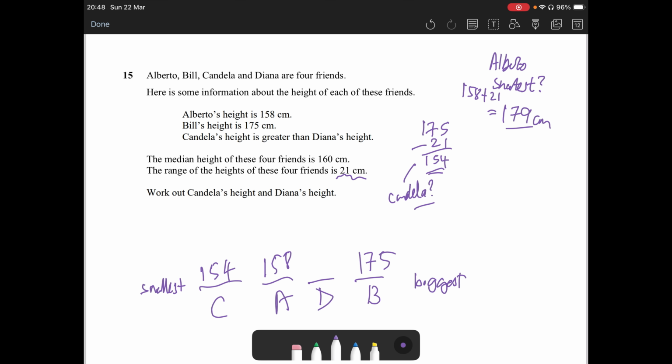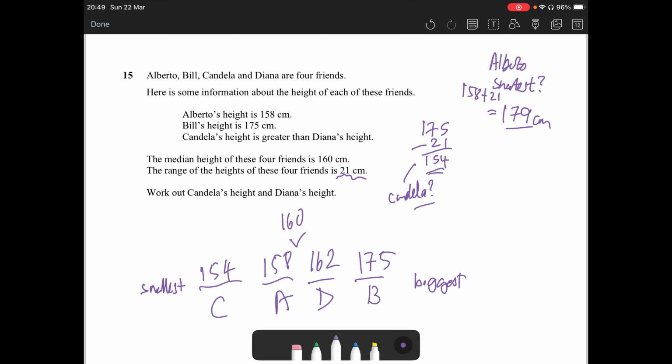Now, obviously, the median is 160. So if Alberto is 2 below, Denise has to be 2 above. So Denise is 162. And yeah, this works, right? We've got the correct range. 175 take away 154 is 21. There's not really any restrictions on Alberto, but the median is 160. And Denise is bigger than Candela.